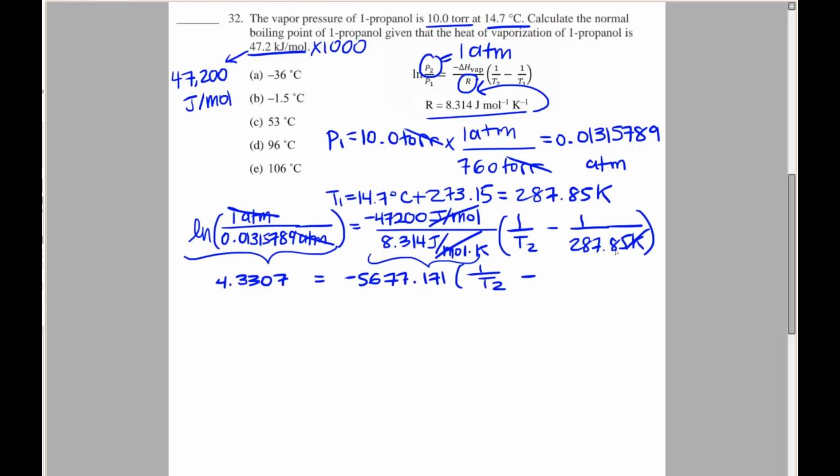Actually, 1 over 287.85 is approximately 0.003474. And we can distribute this negative 5,000 number to both of these terms in the parentheses, and we'll get something like this.